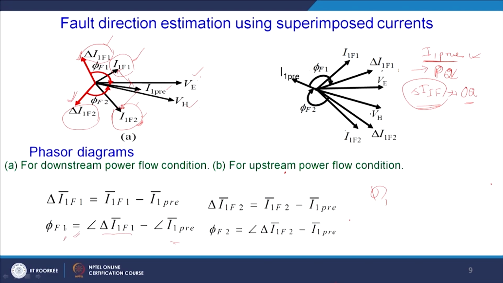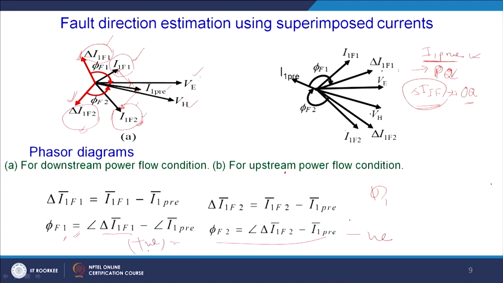This angle will be positive, because the angle of delta I1 F is greater than that of I1 pre. Similarly, here this delta I1 F is lagging I1 pre, and this angle will be negative and this will be positive.